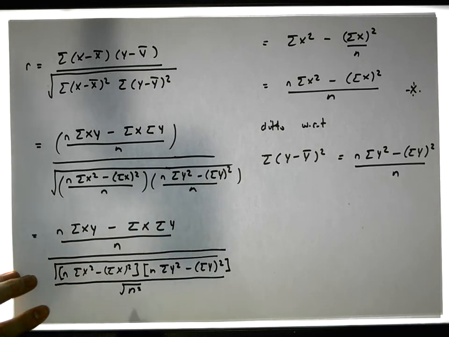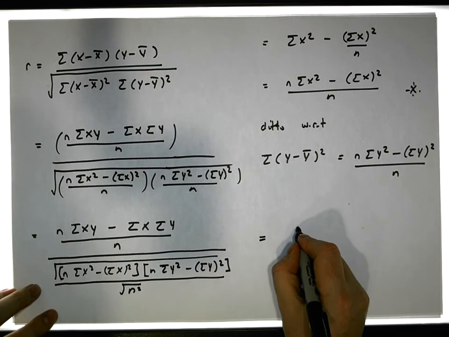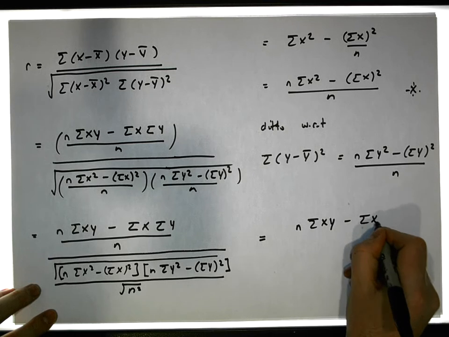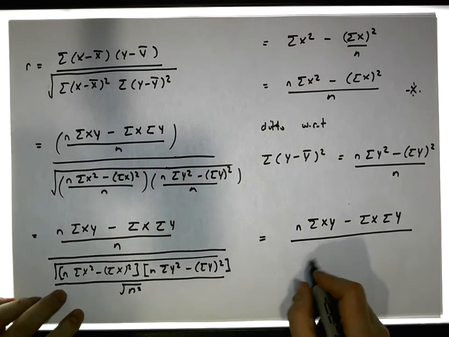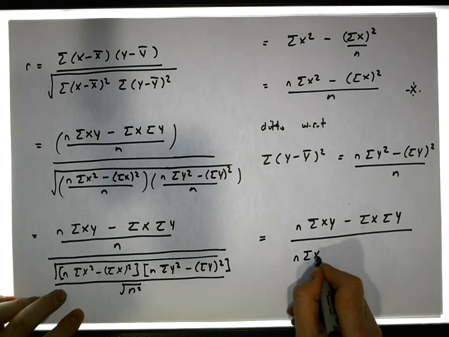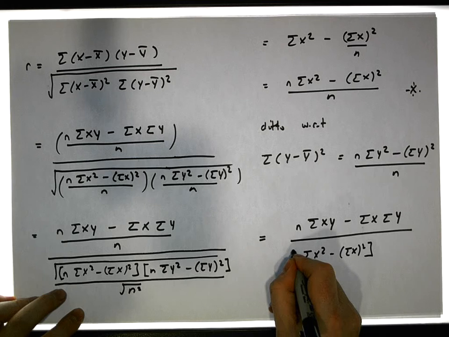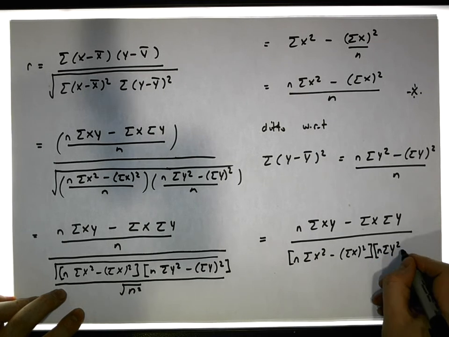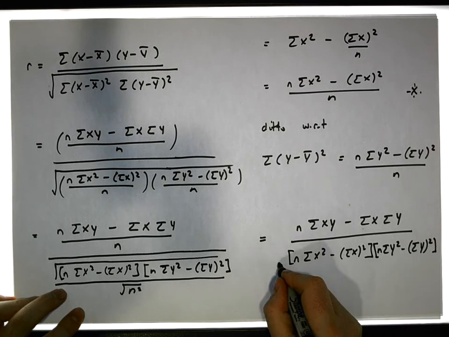And you can see what's going to happen when we invert this fraction. This becomes n times the sum of the xy's minus the sum of the x's times the sum of the y's, divided by the square root of n times the sum of the x squareds minus the sum of the x's all squared, times n times the sum of the y squareds minus the sum of the y's all squared.